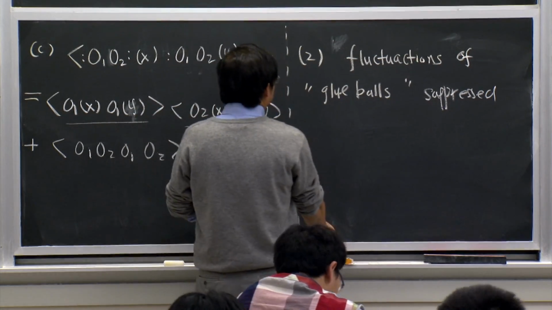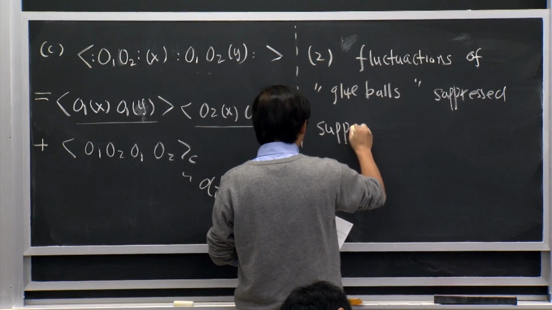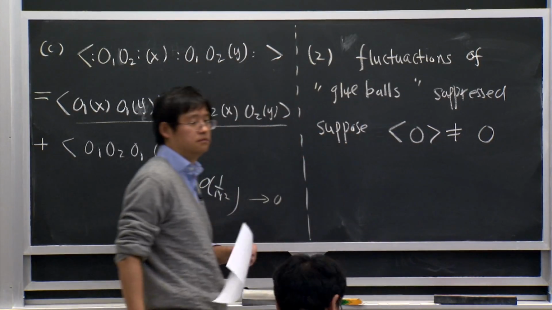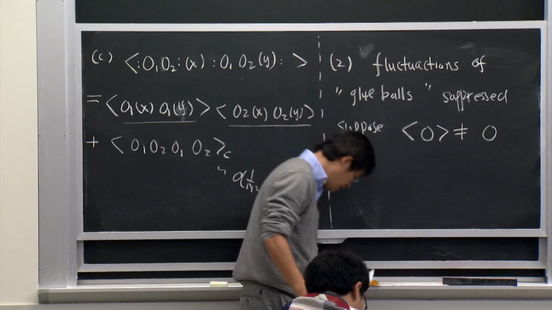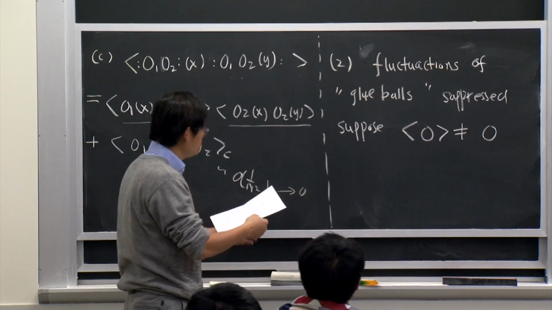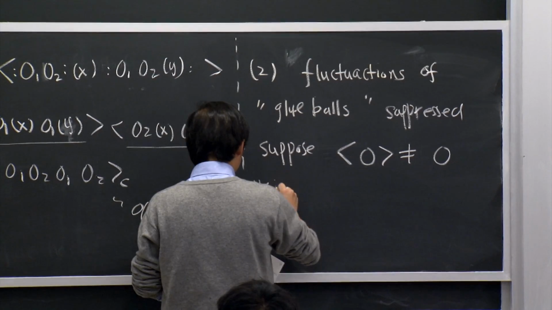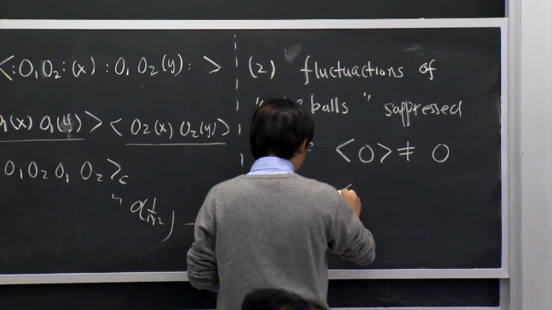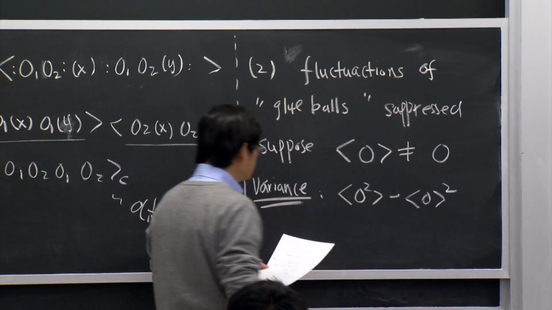So let me explain what this means. Suppose some single trace operator O has a non-zero expectation value. Then let's look at the variance of this operator, which is just given by the expectation of O squared minus the square of the expectation of O, so the fluctuation.